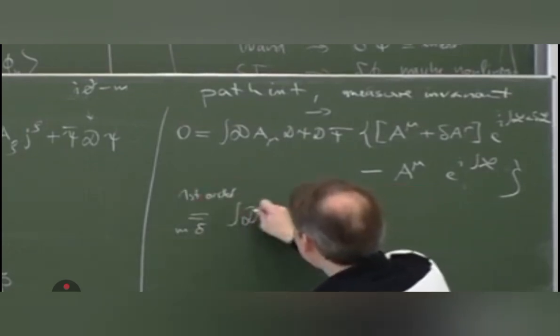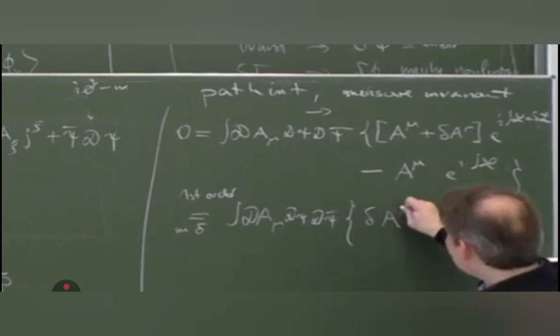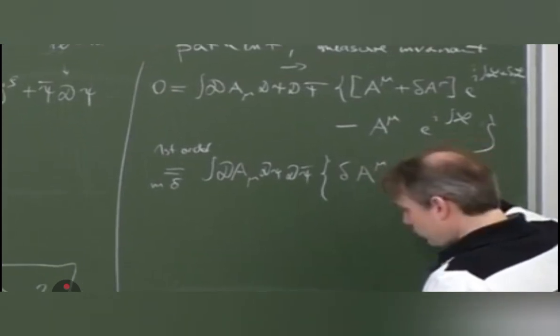And now we expand in first order in delta. Then we have a path integral over the following. So at first order we pull down the delta L, and one term with the a mu cancels, and what remains is the following. Namely, we have once delta a mu times, let's factor out e to the I times the original action, that can be factored out.